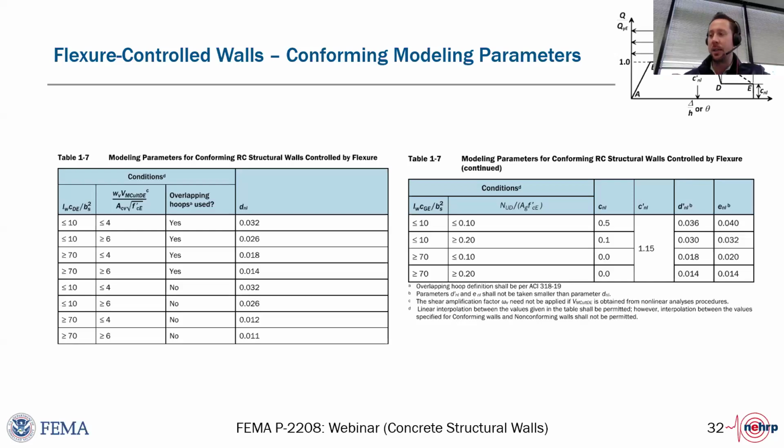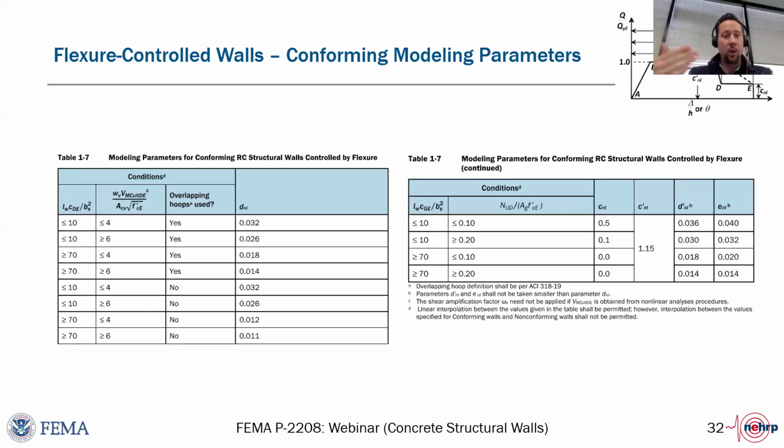So we know that there is some dynamic amplification in shear up the height of a building, and that accounts for that. Those first two columns are pretty much in line with what you might expect already from the past provisions, and then what I talked about. The third one there is overlapping hoops, and you can see that there's not a huge change in the deformation capacity in the DNL that's listed there relative to overlapping hoops, but it does make some difference, particularly when you have the higher lambda values.